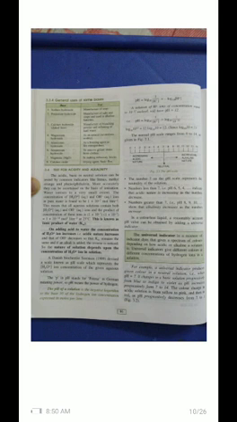P stands for power or potenza or potential, and H stands for hydrogen, power of hydrogen. So we can say that pH of the solution is the negative logarithm to the base 10 of the H3O+ ion concentration, which we can write as -log10[H+].